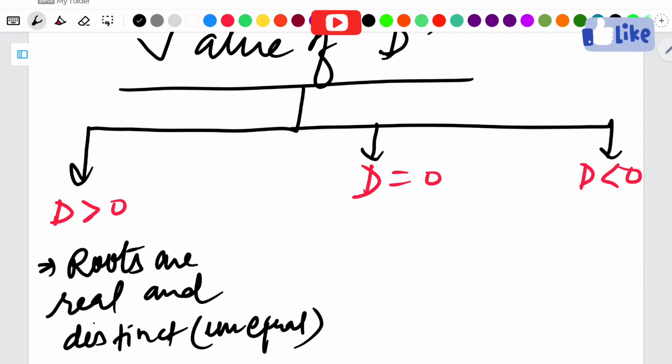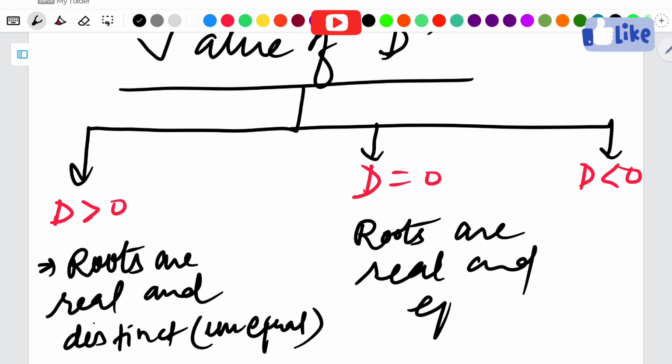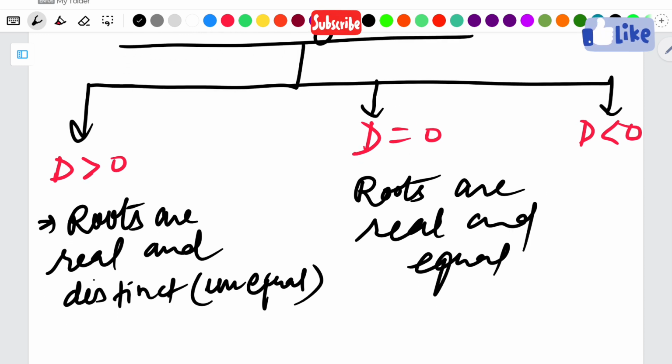Now if D is equal to 0, roots are real and equal. Now if D is less than 0, roots are not real.